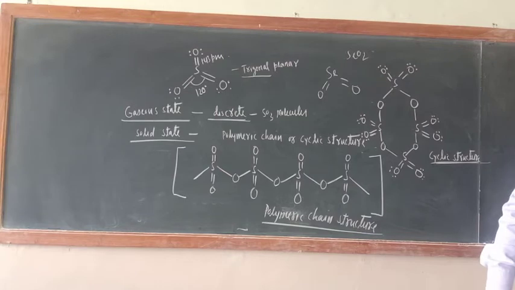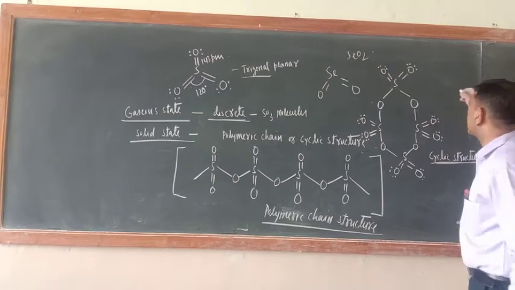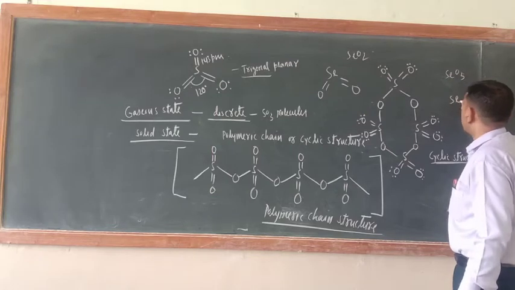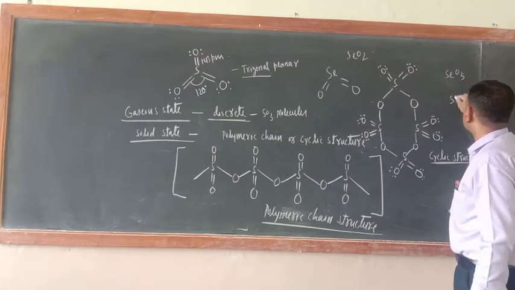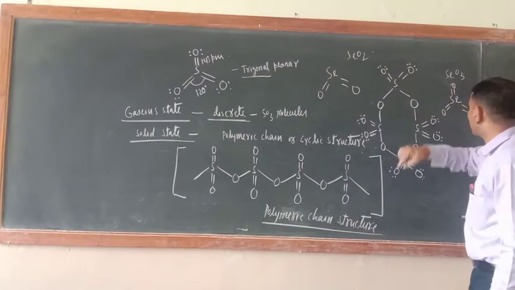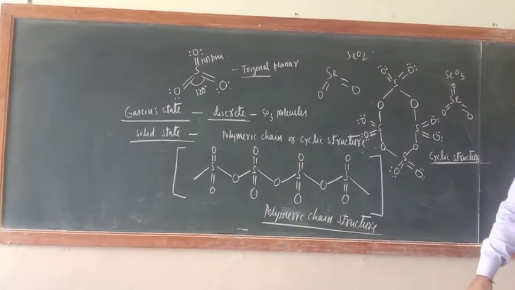But the most important ones are SO2 and SO3. As far as SeO3 is concerned, in the same way you can make SeO3. Its structure is like that, Se double bond O, just like SO3. So in this way the oxides of group 16 are completed.